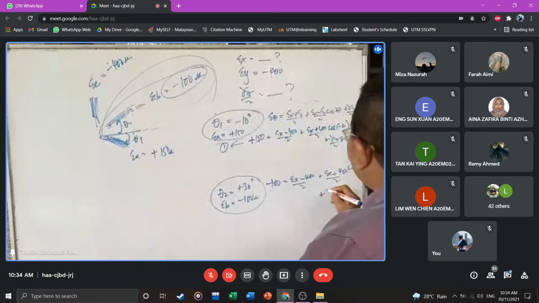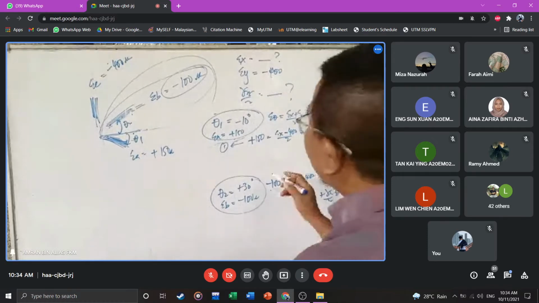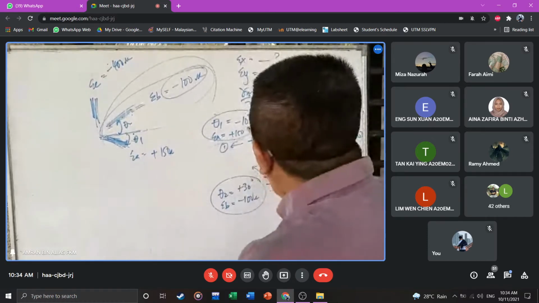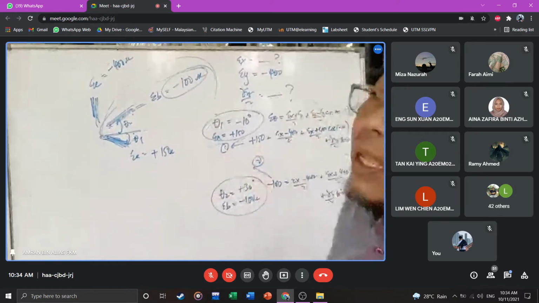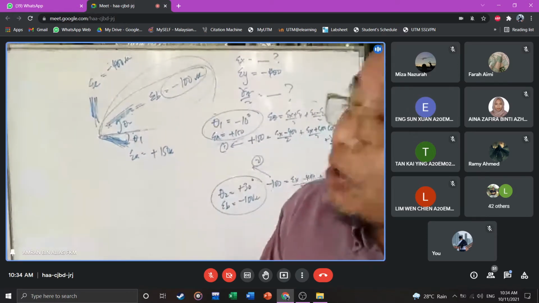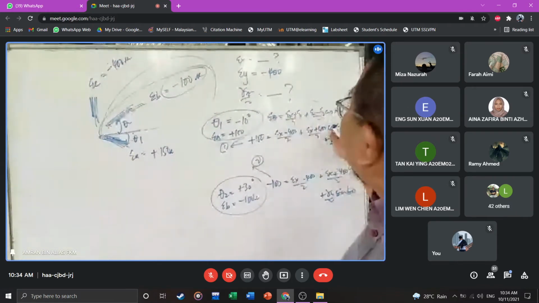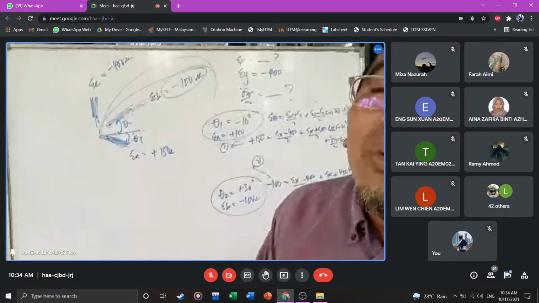And then plus gamma xy over 2 sine 60. So I have two equations. How many unknowns there? 2 unknowns. What are they? Ex and gamma xy.